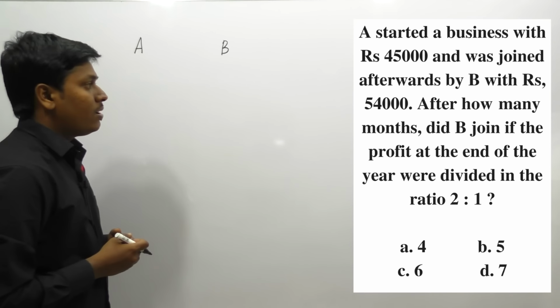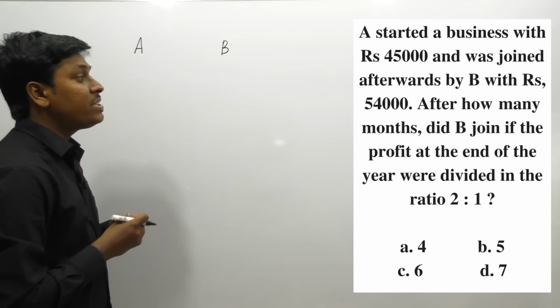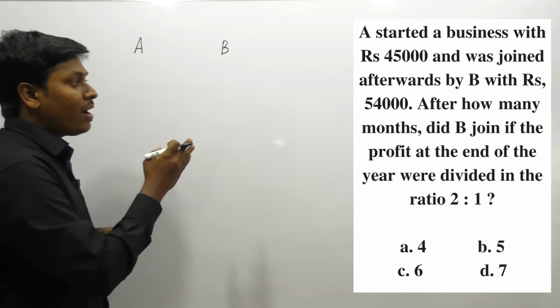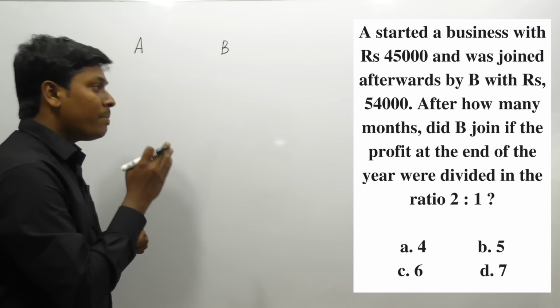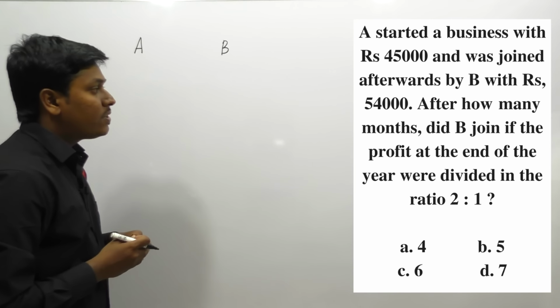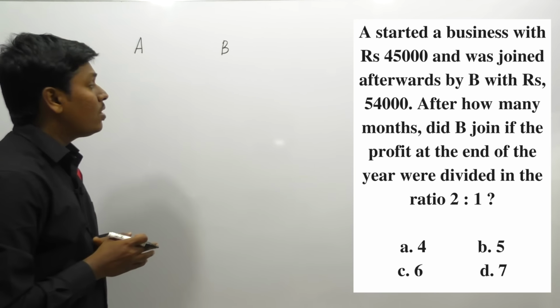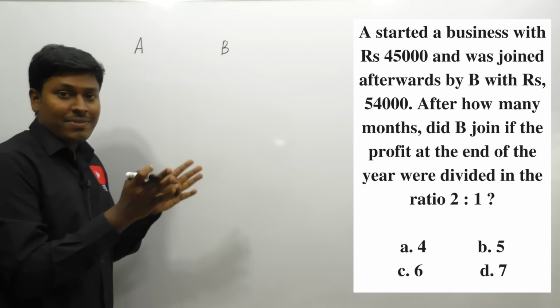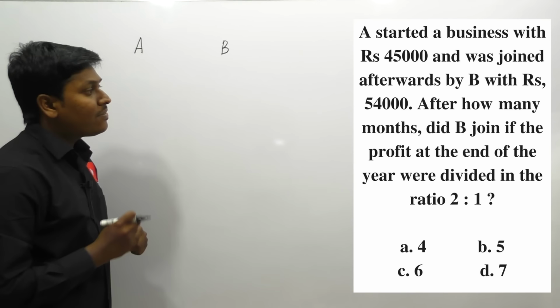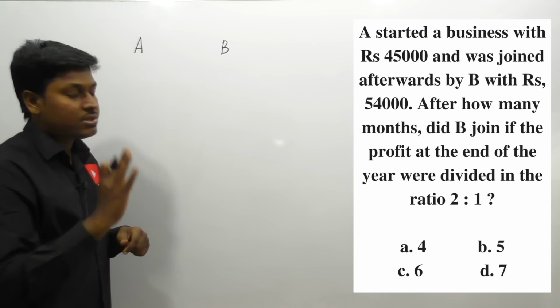Question number 4. A started a business with rupees 45,000 and was joined afterwards by B with rupees 54,000. After how many months did B join if the profit at the end of the year was divided in the ratio 2:1? So friends, the profit is divided in the ratio 2:1 and they have calculated this profit for 1 year, that is 12 months, right?